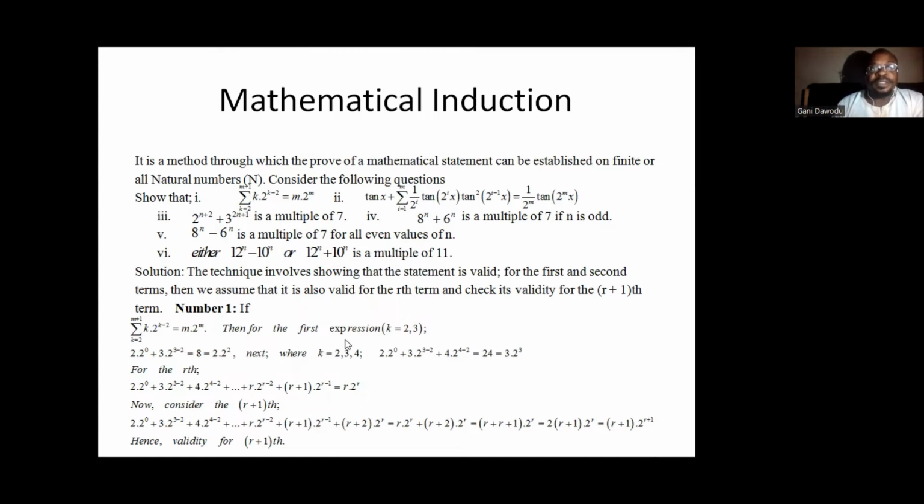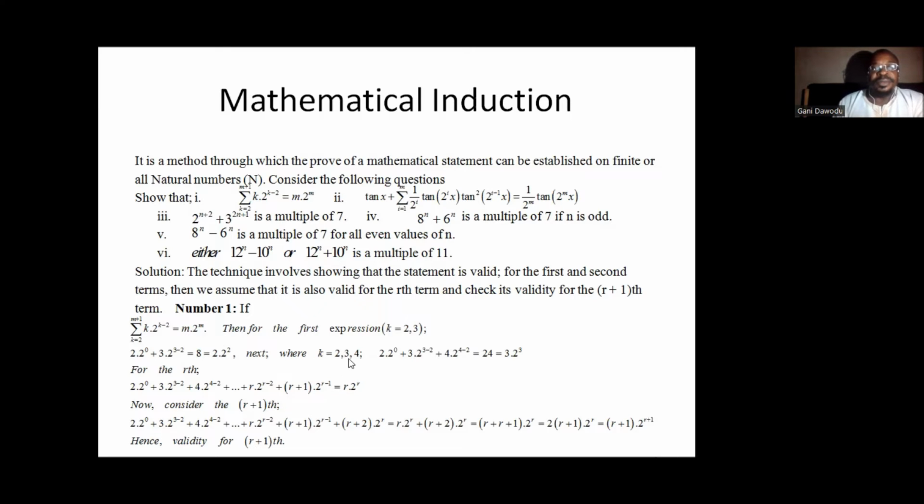So at the first instance, it's starting from k equals 2. It takes 2 and 3. When k equals 2, this is what results. When k equals 3, that results. The sum will be equal to 8, and you can see 2 times 2 raised to power 2 is equal to 8. It means it agrees with the right-hand side.